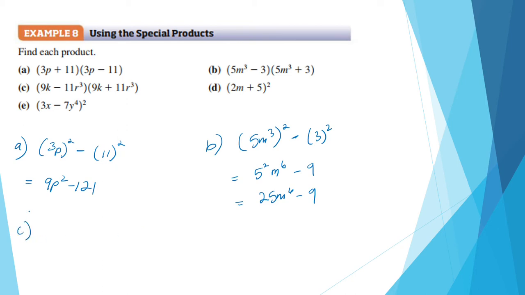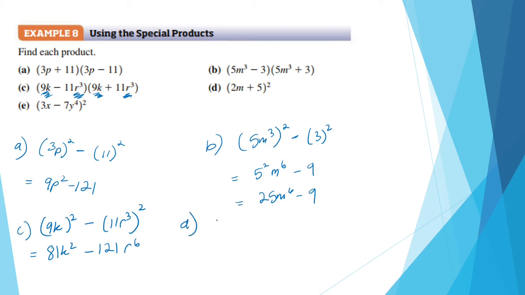For part C, we're going to use the same formula again. This is 9k squared minus 11r cubed squared. This simplifies to 81k squared minus 121r to the 6th.